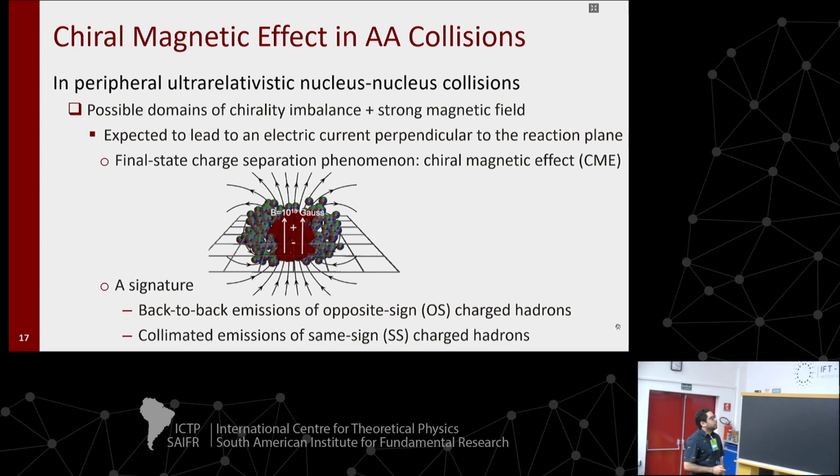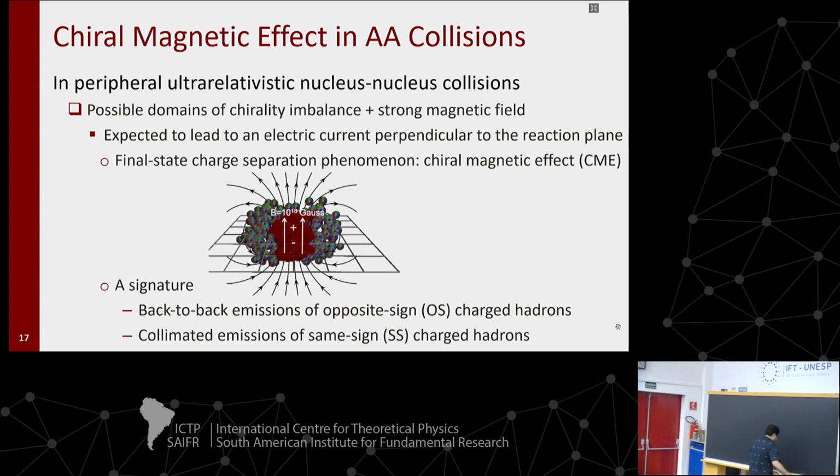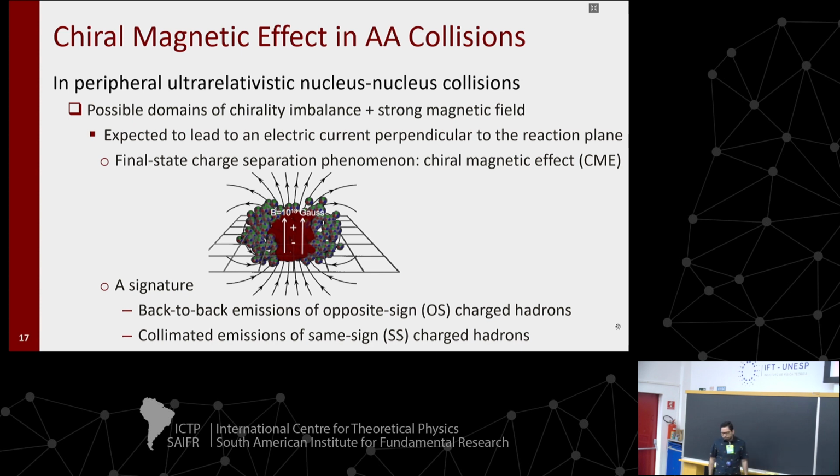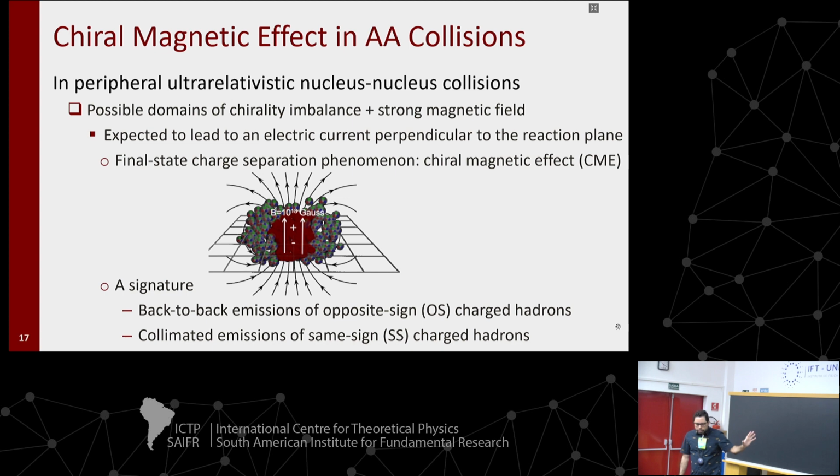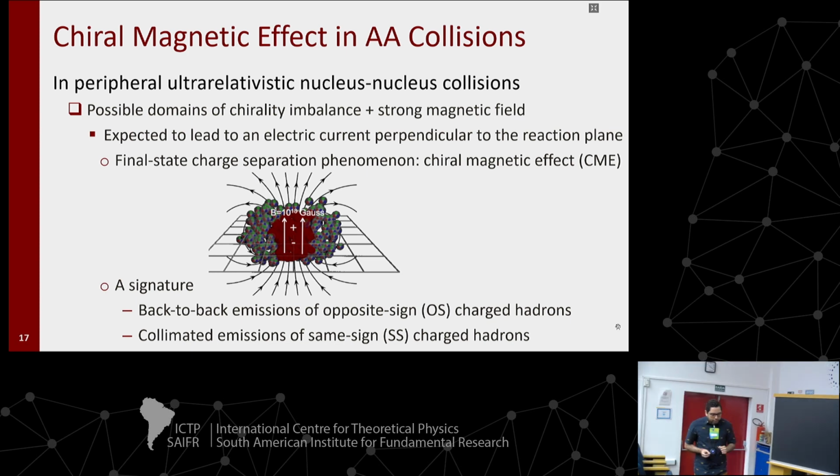So we have some signatures from the chiral magnetic effect, and I will try to show you here what we learned from these studies. There are also several studies from ALICE and RHIC which show that this is a very difficult measurement because the background is very hard to deal with.